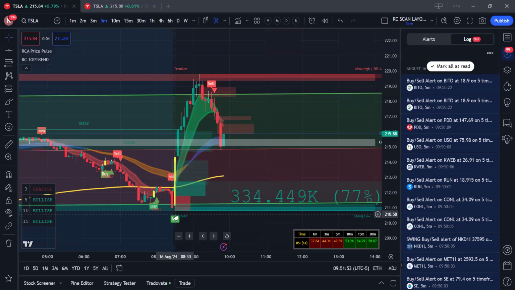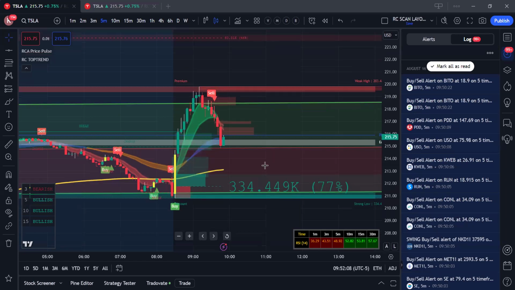So Tesla, right? It went all the way to the top. Okay, there is a pullback. Touched the swing cloud. So if we get a buy signal, we can go ahead and buy the calls for Tesla, right? Or if it comes all the way here, that is much better, right?